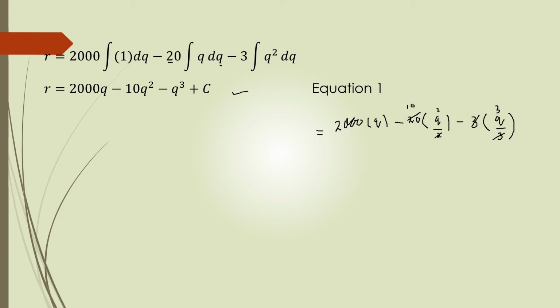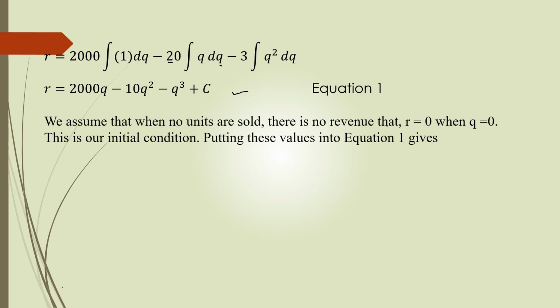Okay, dear student, now look at my dear student, here we have one more step. Here I want to erase this step. Okay, so now dear student, this is our equation 1, so R is equal to 2000 q minus 10 q square minus q cubed plus c.